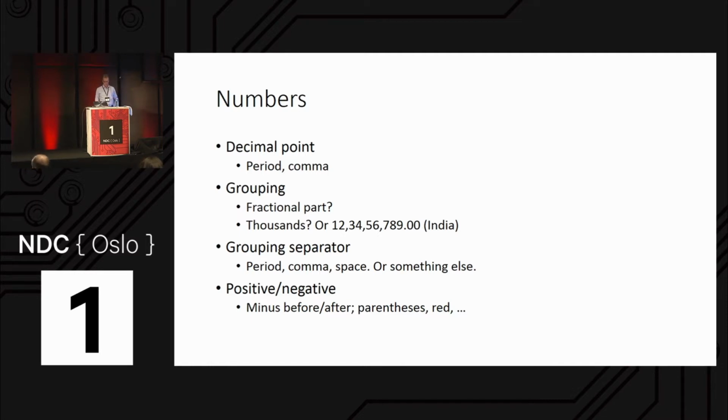And that's actually quite common. But not everybody does that, as you can tell from the example from India. And there are actually more weird ways of doing this than you might think. And if you have groups, then you have a grouping separator, which can be various things, typically period, comma, or spaces. The one thing you never have is, if your decimal point is a period, your thousand separator is not a period. It's the other way around.